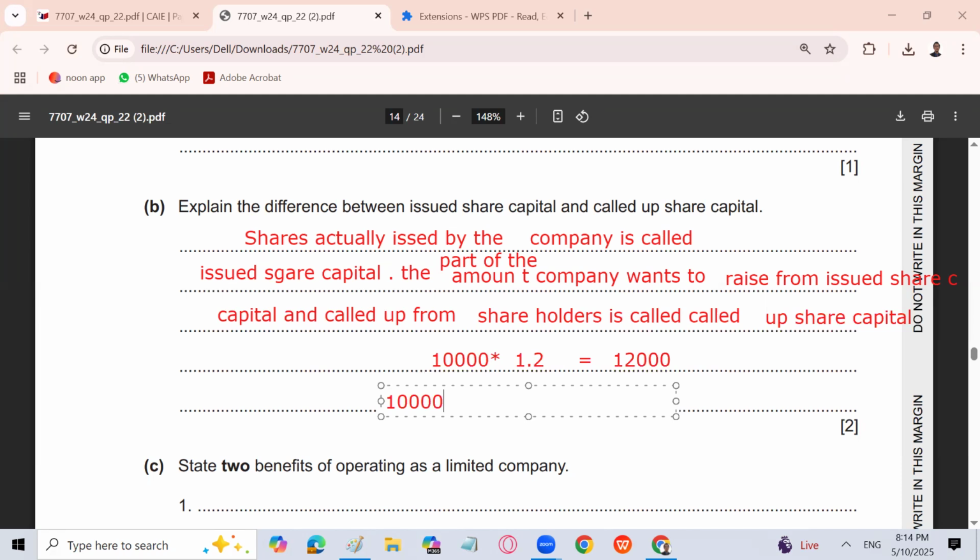The called up share capital is for those 10,000 shares, and for each share they are asking only 0.5 per share. So 5,000 is the called up share capital. So called up share capital means the part of the issued share capital that the company wants to raise and asks the shareholders to pay. That is known as called up share capital.